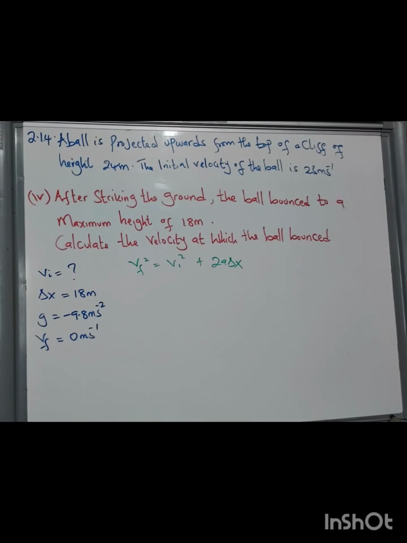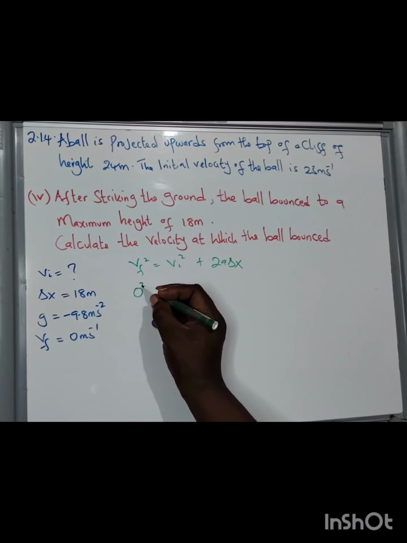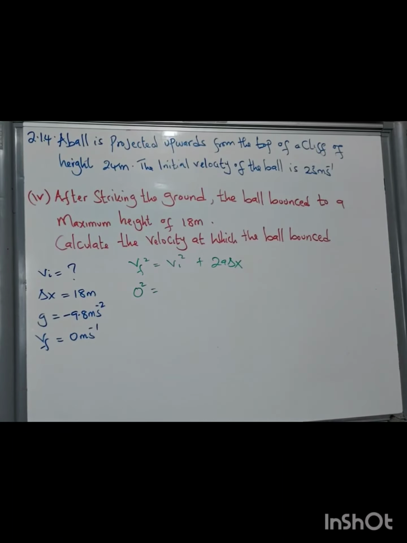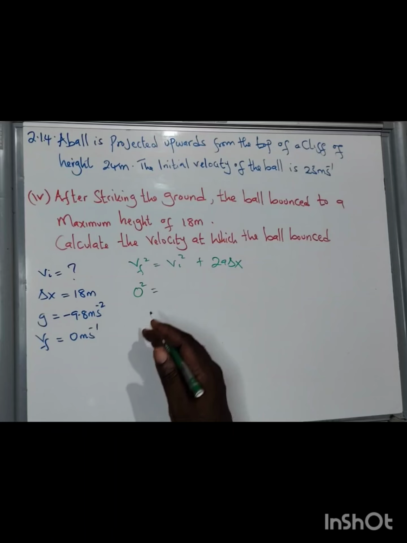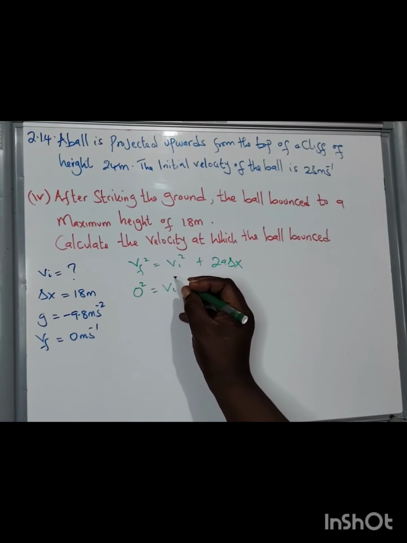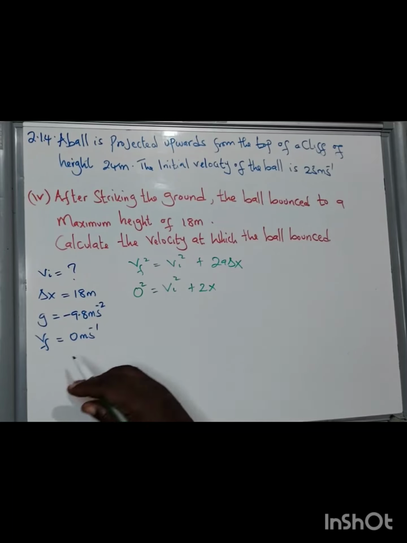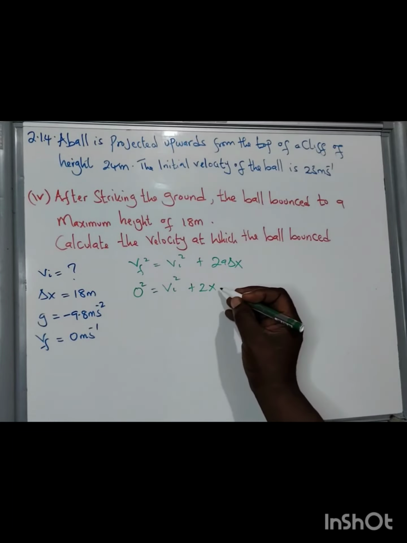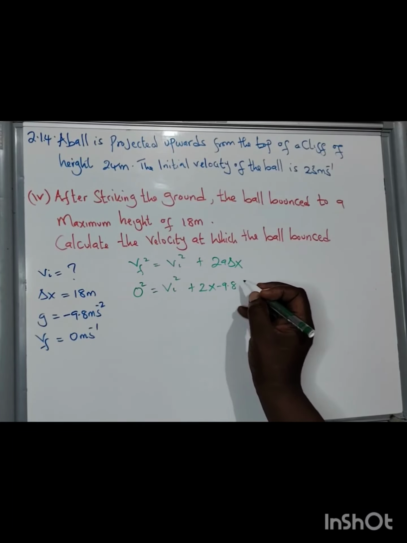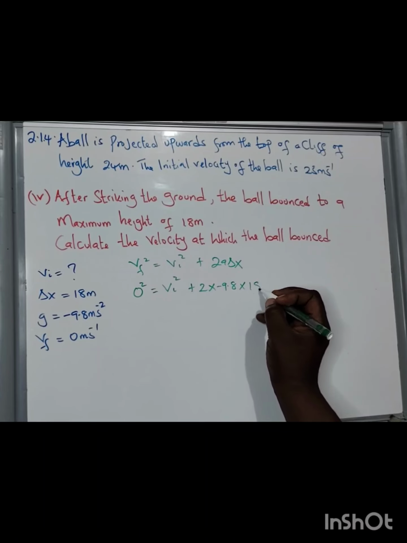So what do we have as Vf squared? It is 0 squared. And the Vi is wanted, plus 2 times negative 9.8 times displacement, which is 18.